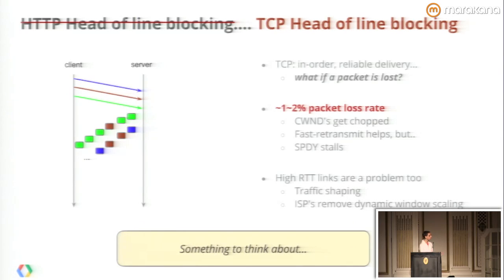So why is that? Recall this diagram. TCP provides this abstraction of a reliable delivery on top of what is effectively an unreliable network. There is packet loss on the internet. In fact, it's on average 1 to 2% packet loss rate. And what that means is we have a resource that we're trying to ship to the client.